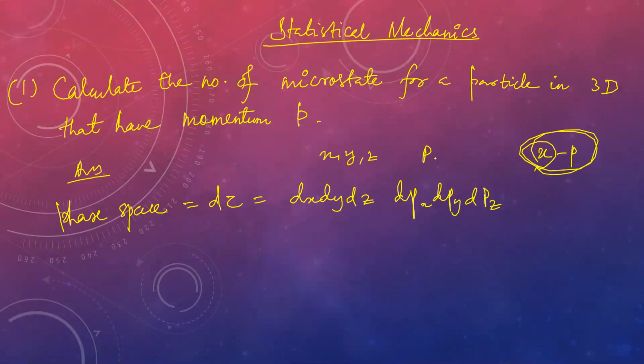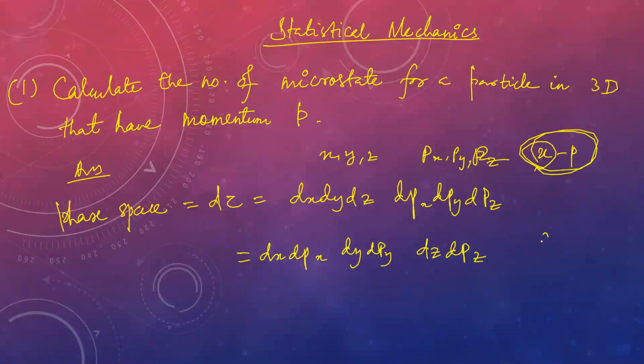Momentum has three coordinates px, py, pz. We can write them together as dx dpx, dy dpy, dz dpz. Now dx into dpx is equal to h. You have to remember this.